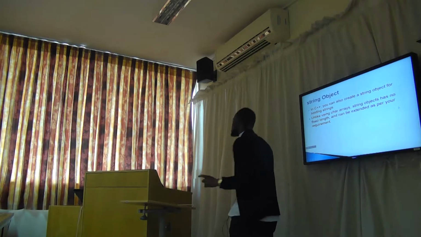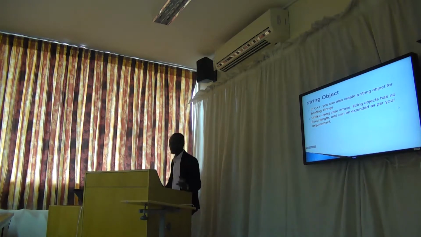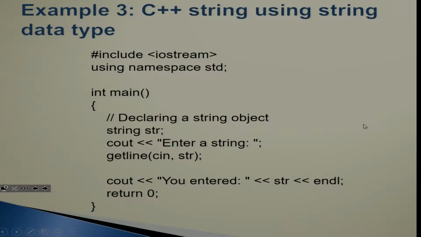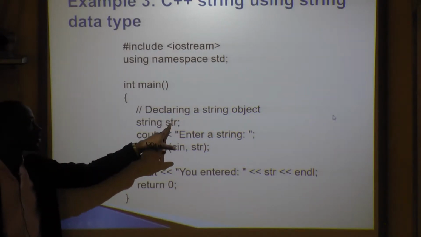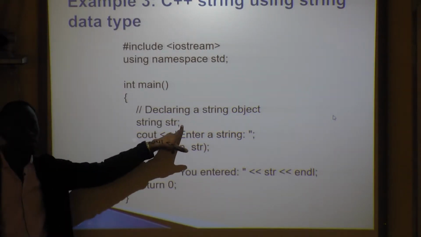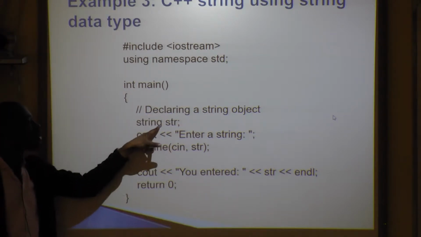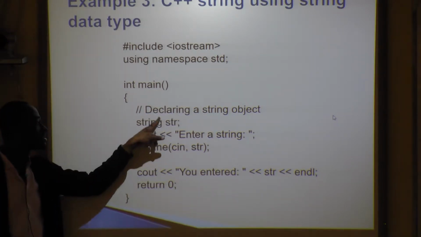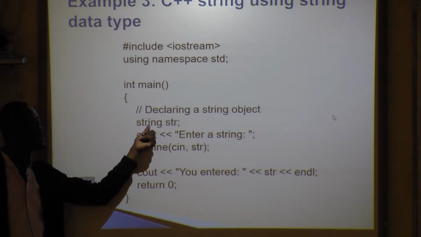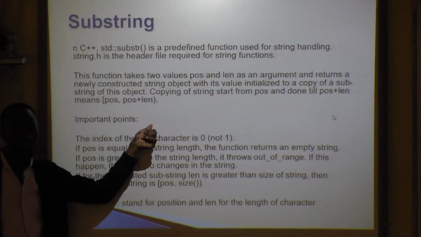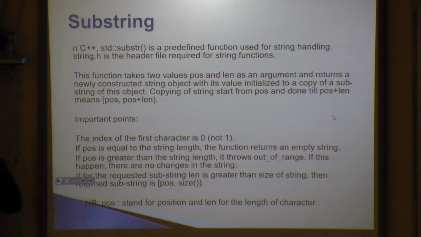You remember some of you dealt with examples where they say string. In the previous one, you declared the variable as an array, and now for the string object, this is how you declare it. You introduce the string data type here. That's the difference between both of them.